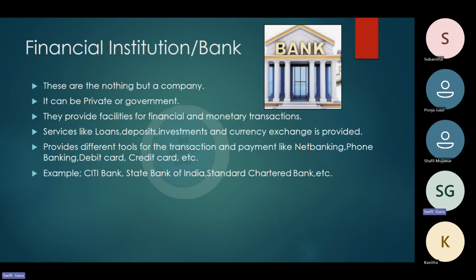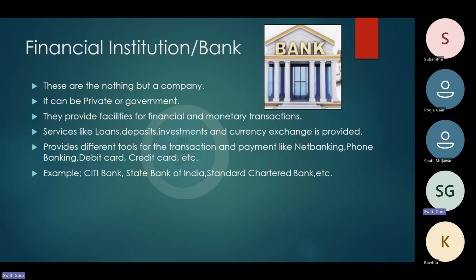So what do they do basically? They provide a lot of facilities to their customers, and varieties of features and services are available to the customer, like loans, deposits, investments, currency exchange, etc. And one of them is payments, which they facilitate to their customers.